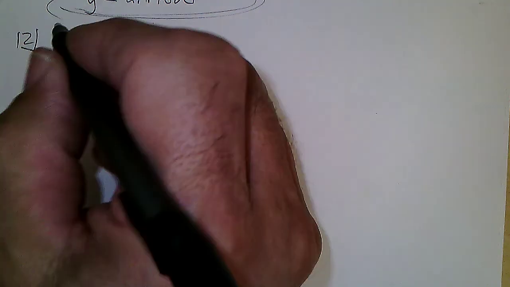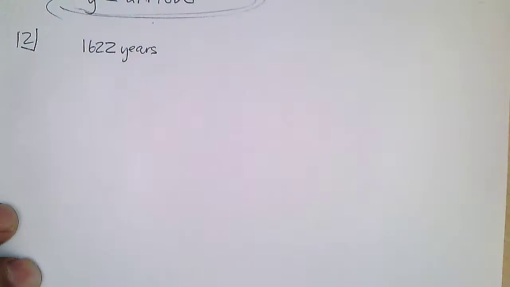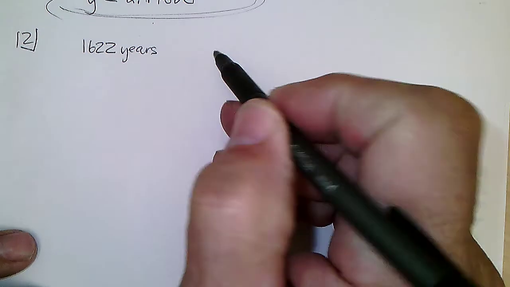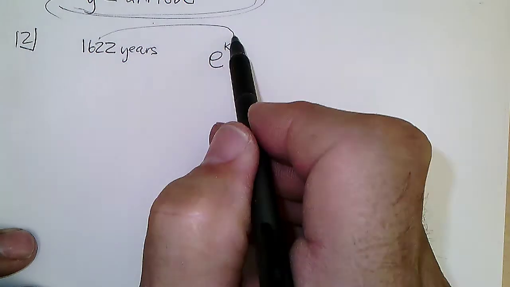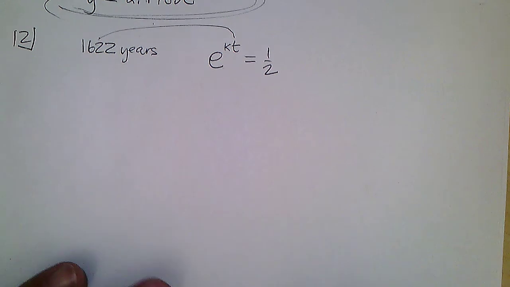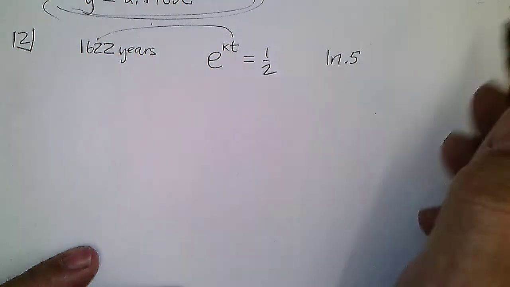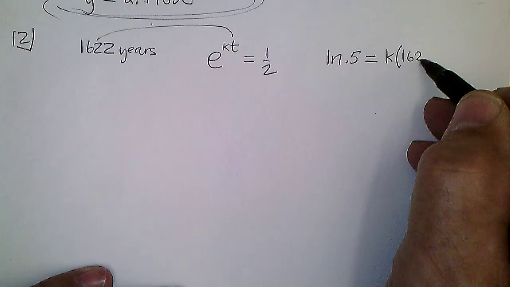The half-life of radium-226 is 1,622 years. Okay, so find its decay constant. Well, that means e to the kt when t is 1622 has to be 1/2 because it's half of whatever it was. So taking ln of both sides, ln of 0.5 has to be k times 1622.